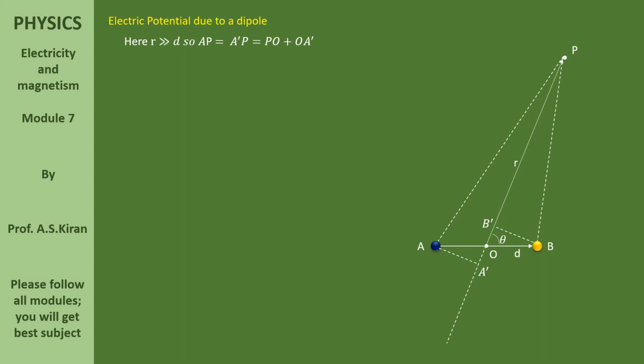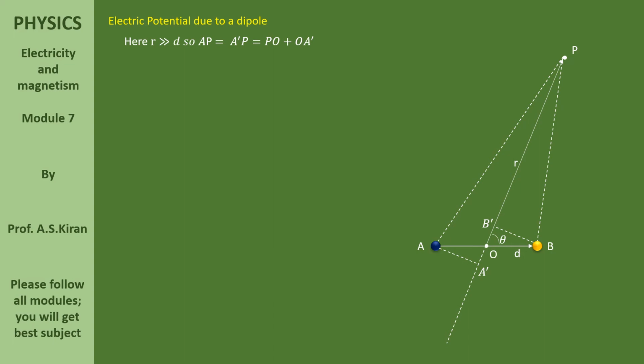To find AP, it is enough to find A dash P. What is A dash P? A dash P is PO plus OA dash. PO is r. Now, the only thing left is to find OA dash.